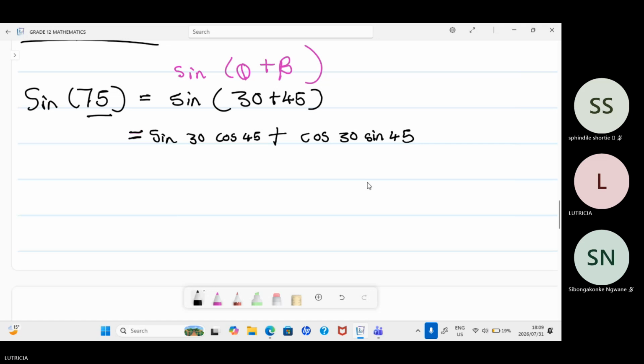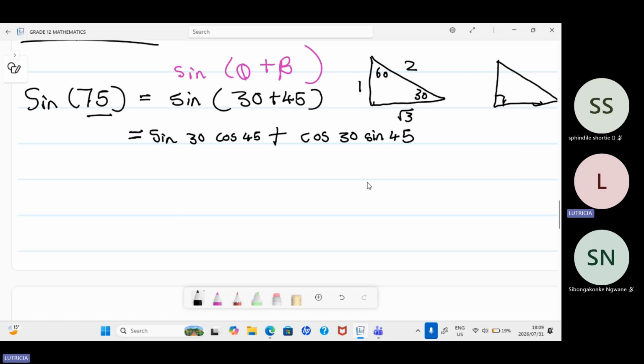So we draw our triangles. 1, root 3, 30 degrees, 60, 1, and then 2. And then we also have this other one, with 1, 1, 45, 45, then a root 2.